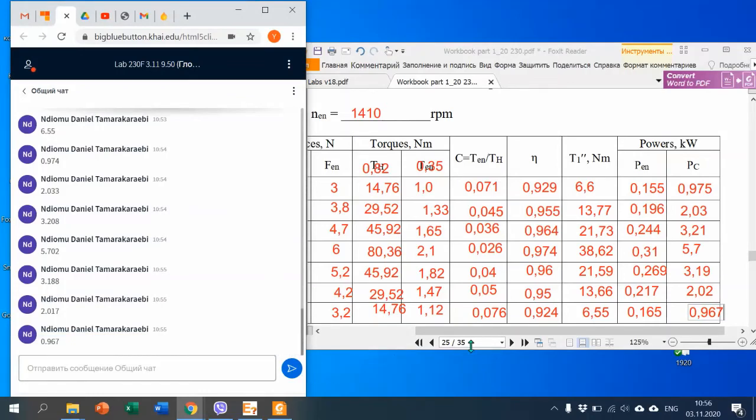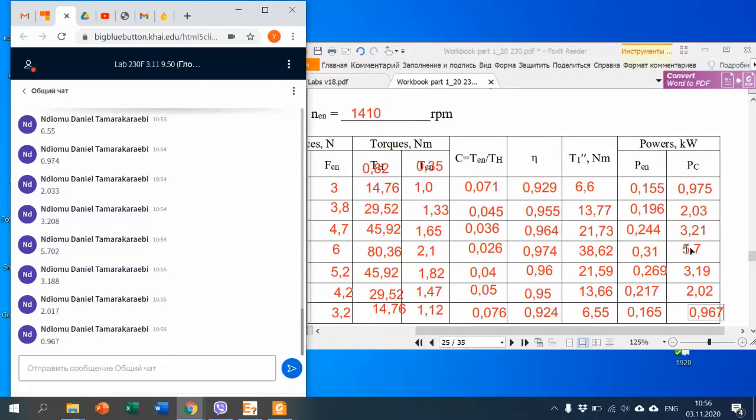Okay. So, do you see, to create a load of approximately 6 kilowatts, we paid only 0.3 kilowatt. It means that in a direct scheme, to create power of 6 kilowatts, we need the engine 6 kilowatts and brake 6 kilowatts.